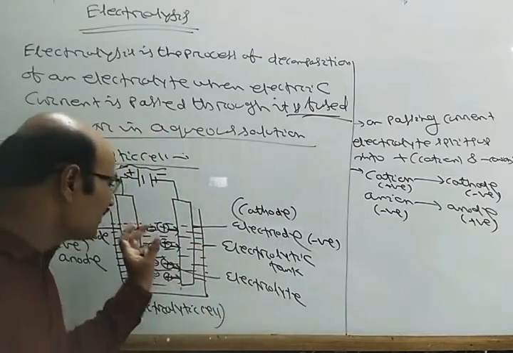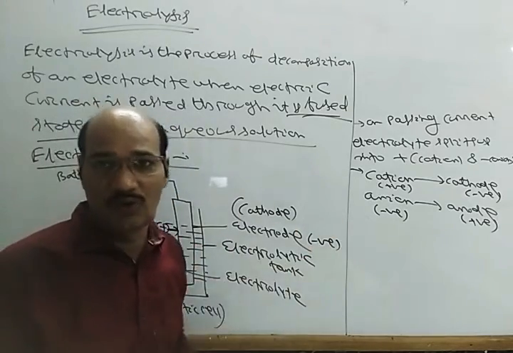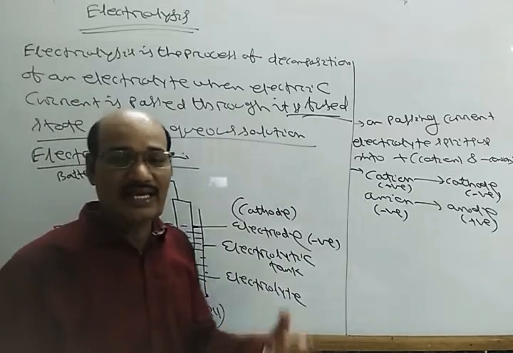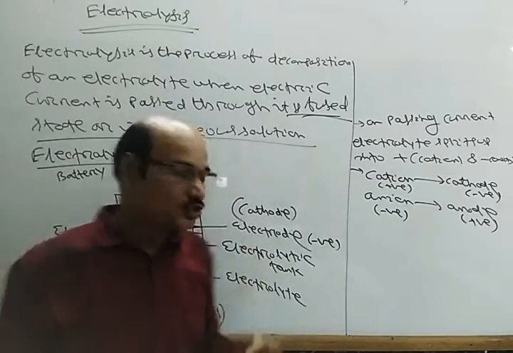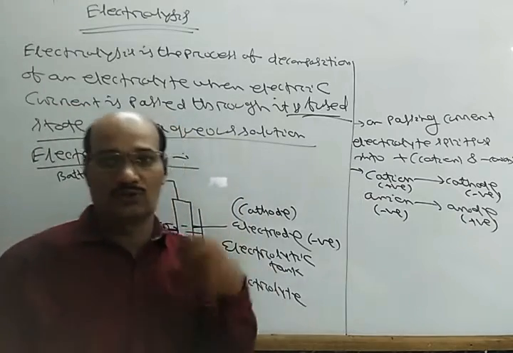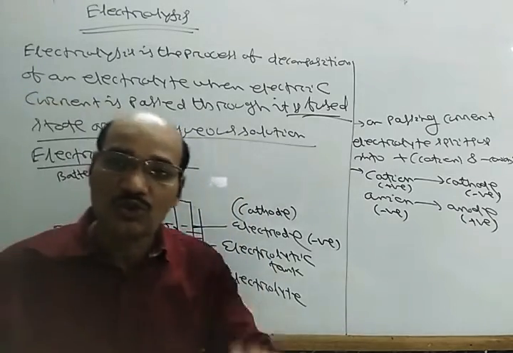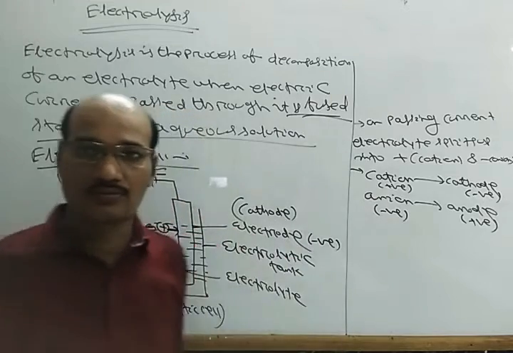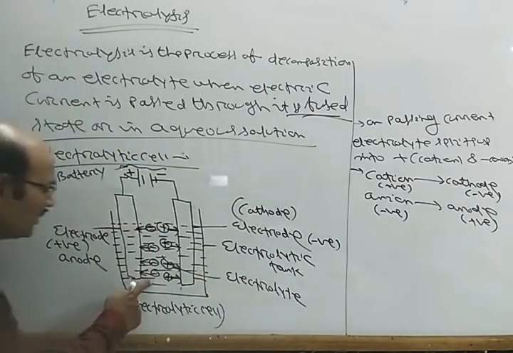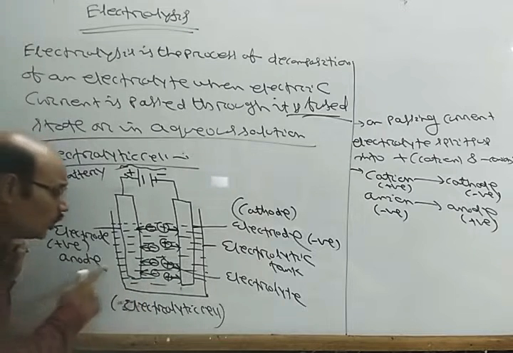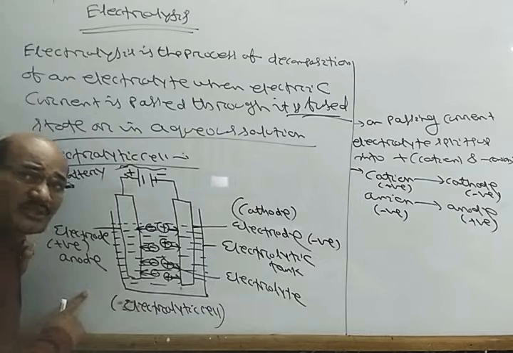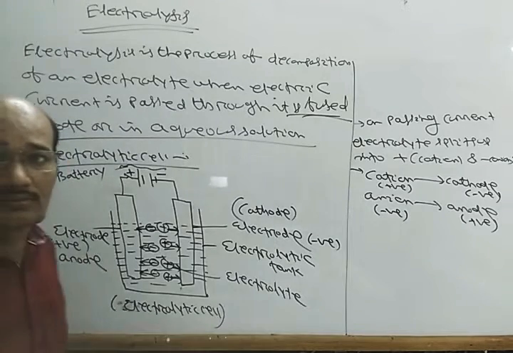Now when the cation goes to the cathode, what will happen? The cation is a positive ion, so when it goes to the cathode, it receives electrons from the cathode and converts into a neutral atom. Similarly, when the anion goes to the anode, it loses electrons and converts into a neutral atom.